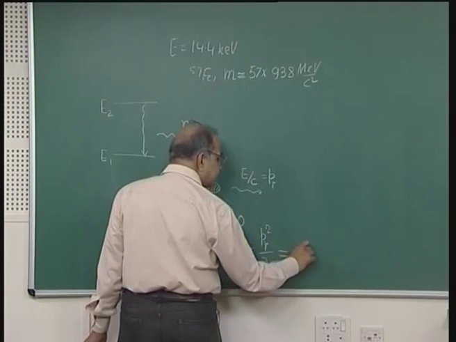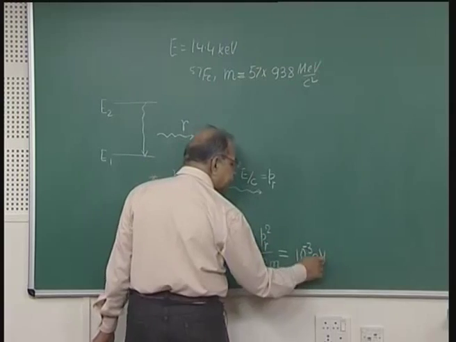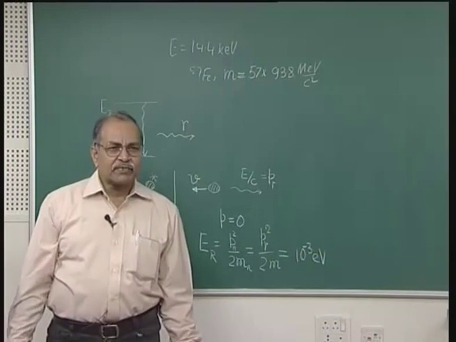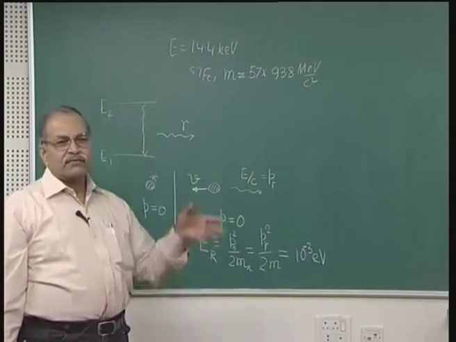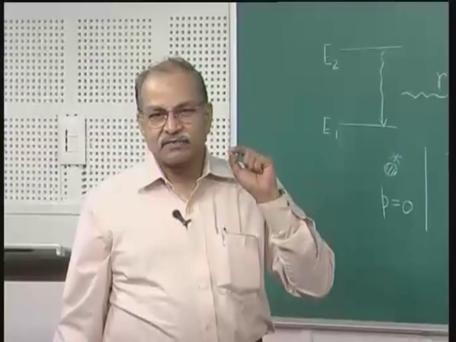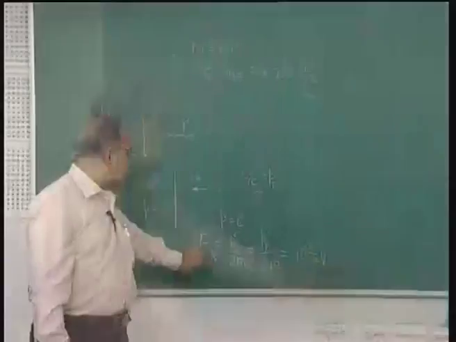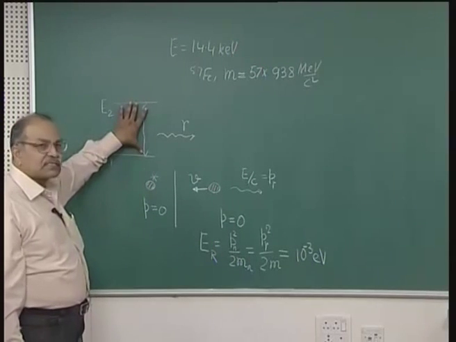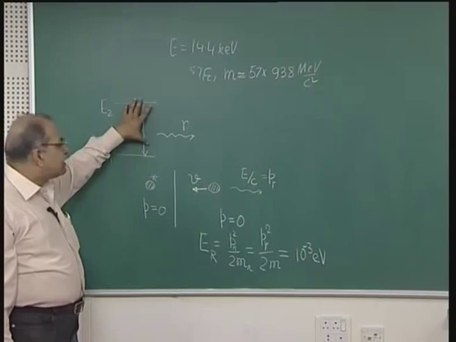10 to the power minus 3 electron volts, very large, 10 to the power minus 3 electron volts, 100,000 times larger than the 10 to the power minus 8 eV that we were talking about. So, where is this kinetic energy of recoil coming from? That also comes from this energy level difference.